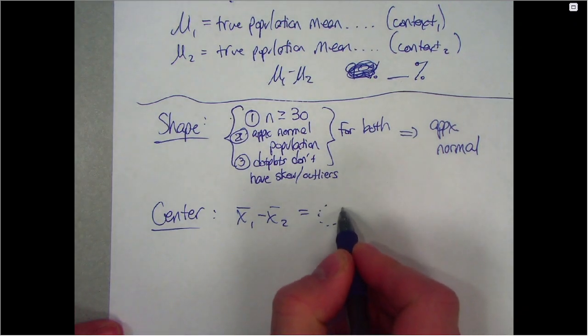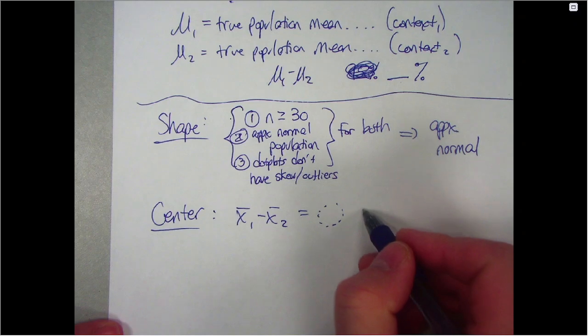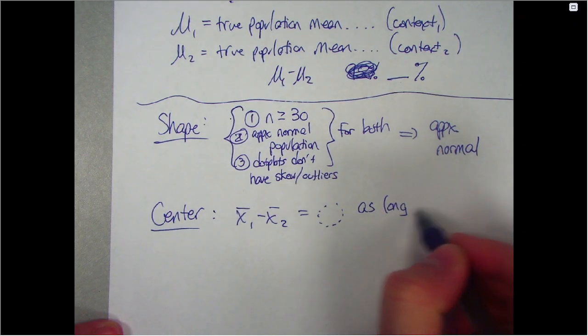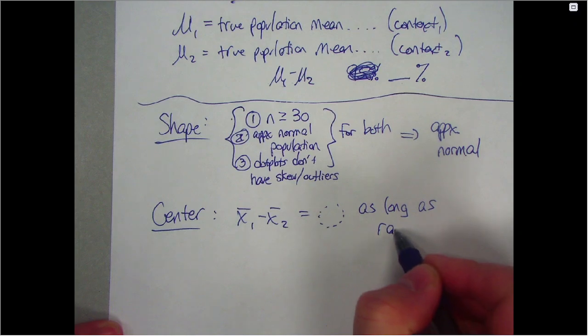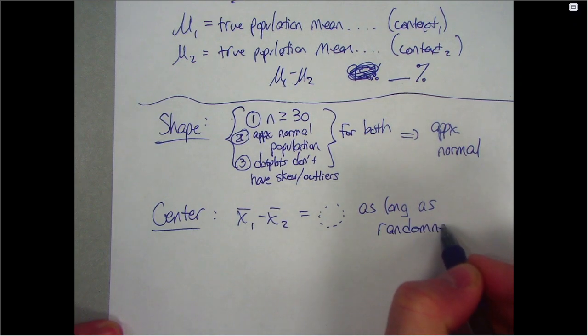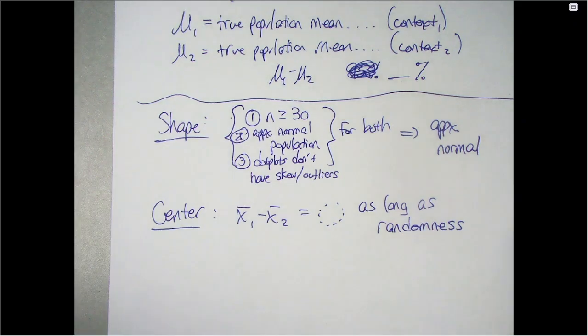So that equals whatever, as long as we have randomness. You have to actually be able to do the subtraction. If you put mu1 minus mu2, you can't subtract numbers because you don't have those numbers. So you want to be able to get a number there.